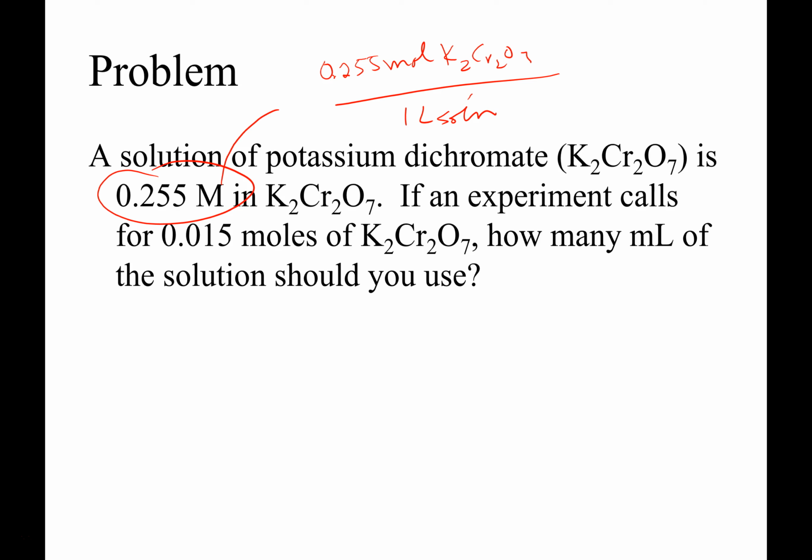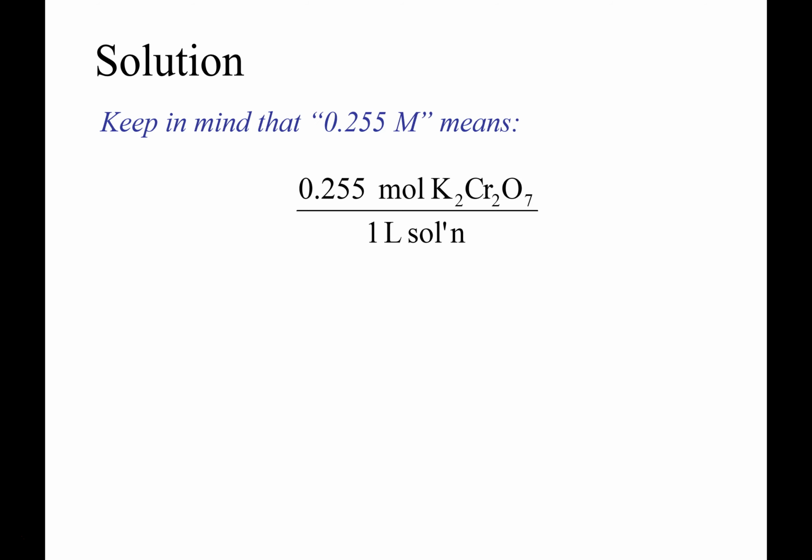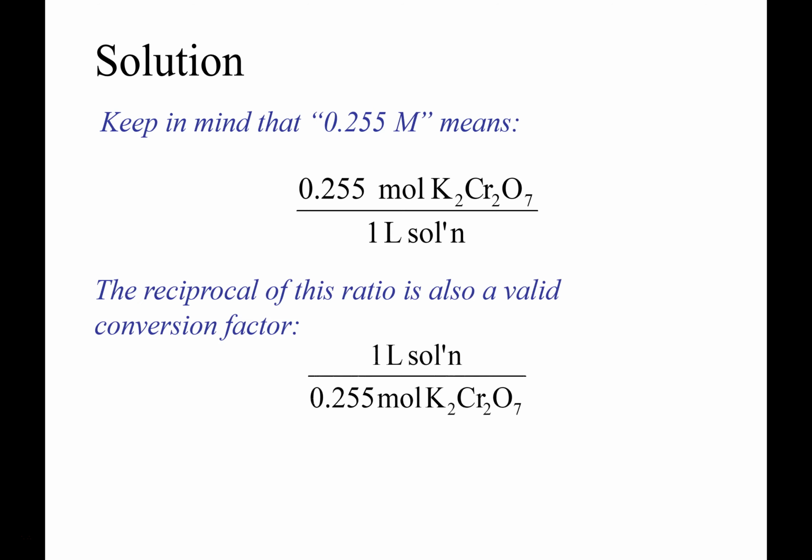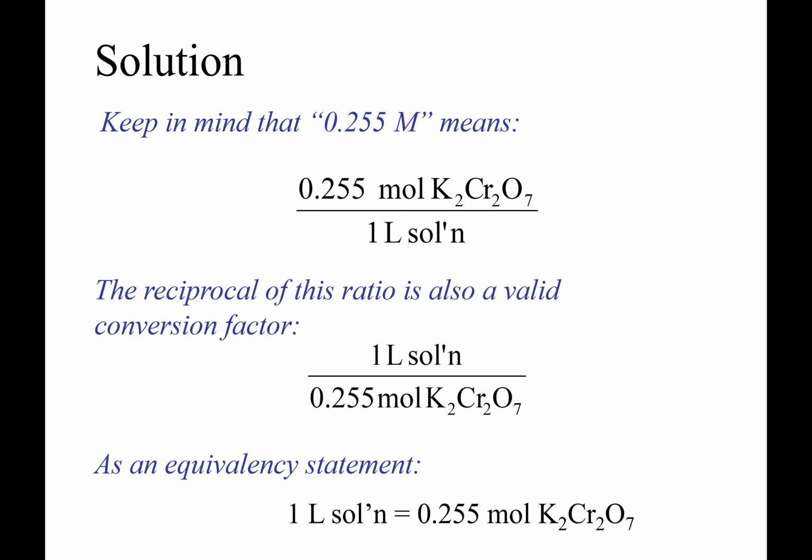I'm going to get the volume of solution in terms of liters, and don't forget, I need to do one more thing, because I don't want to leave it in liters of solution. I want milliliters of solution. So again, anytime you see that big M, that means molar concentration. That would be moles of solute per liter of solution. And we can think of that as a puzzle piece that we can use however we need to.